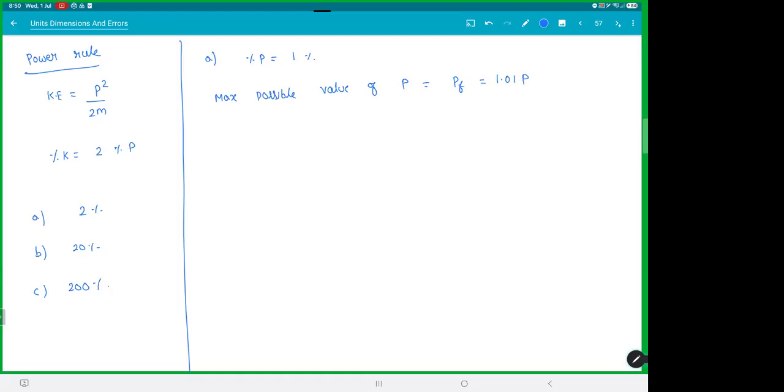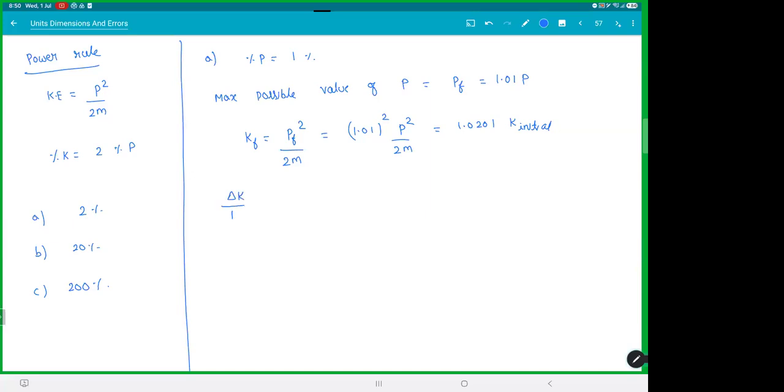Then your final kinetic energy will be your final momentum square by 2m. This would be 1.01 square P square by 2m. This is 1.0201 times the initial kinetic energy.